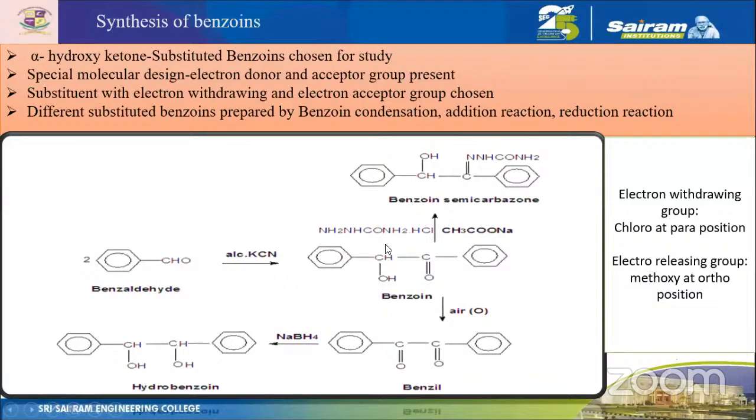I took this core structure and for my analysis I introduced many substituents. Substituent in the sense, either here or here or here I introduced a substituent, the same substituents or different substituents. When I introduce substituents to this core structure, the functions of the material drastically vary. That is my point. Even though the core structure is the same, when I started introducing a methoxy group, see here, a methoxy group at the ortho position.